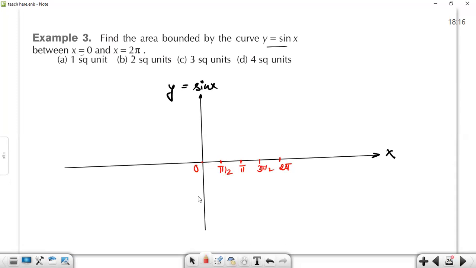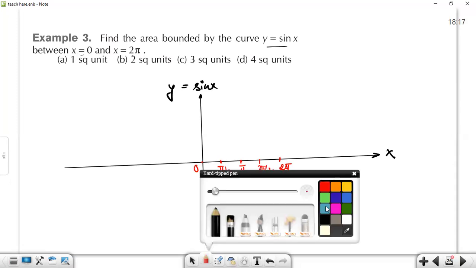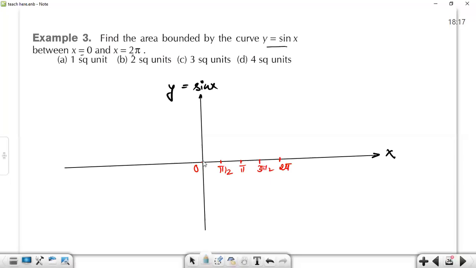This is 0. So for sine of x, the curve goes like this first. For sine of 30 degrees, it becomes half, so somewhat like here, and then it goes on and on. At pi by 2, it becomes 1. Then thereafter, it starts decreasing, and at pi, it becomes 0.